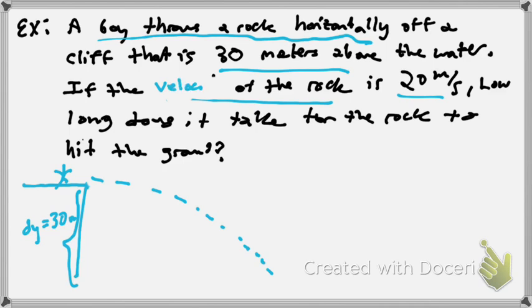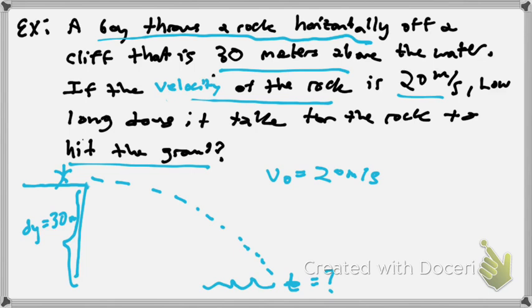The velocity of the rock, v initial, is 20 meters per second. How long does it take for the rock to hit the ground? So now the question is not about the distance, but about the time it's going to take for that rock to hit the ocean.